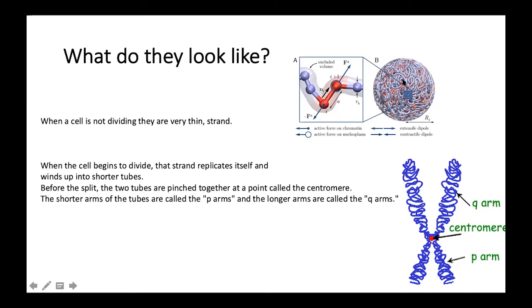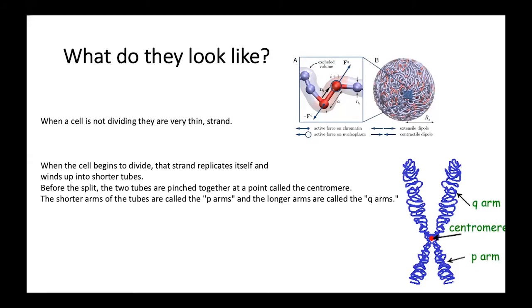At this moment, the chromosomes are so thin and arranged in very thin strands. This is the reason that when the cell is not dividing, we cannot see the chromosomes, even with a very powerful microscope.